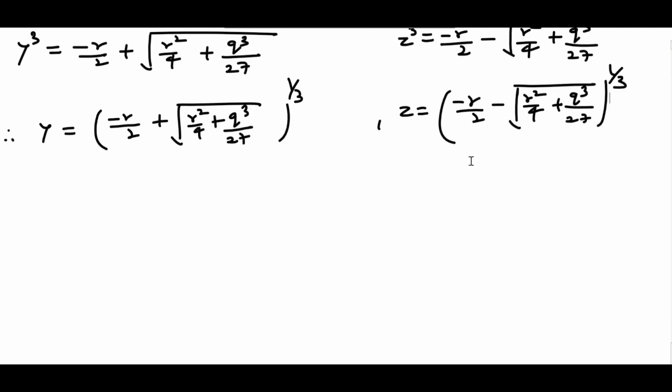So now we can take this term as capital A, and this whole term we can denote as capital B. So we can write here y is equal to A to the power 1 by 3 and z is equal to B to the power 1 by 3.